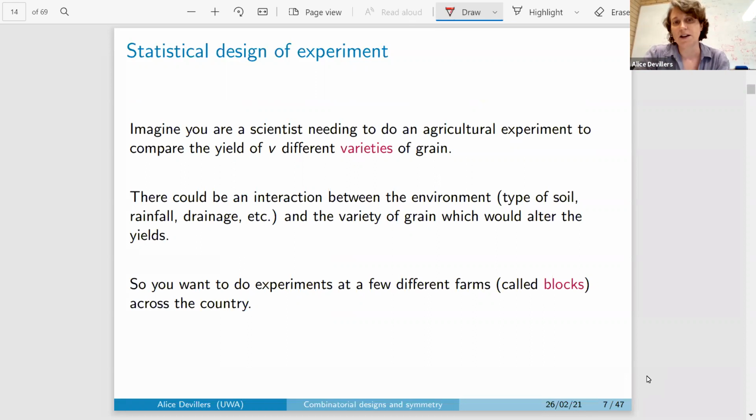Say you have V different varieties, but because there could be an interaction between the environment and the variety of grain, which would alter the yields, you want an experiment at a few different farms. You don't want to have just one farm where you plant everything. You want to be able to compare in different places. So each farm we'll call a block, and you will have different farms in different places with different environment conditions.